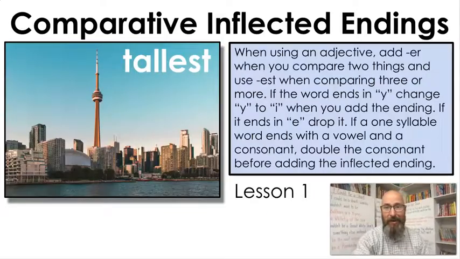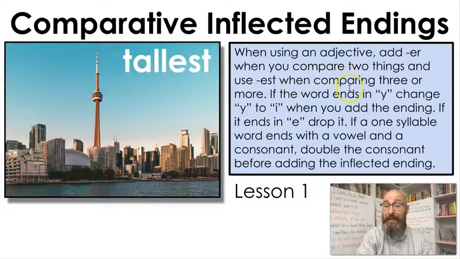Now let's get back to our comparative endings. So let's read over what these are. When you're using an adjective, you add ER when you compare two things. If I'm comparing me and you, just ER, it's just two of us. But if I'm comparing your whole class, that's three or more, I'm going to add EST.